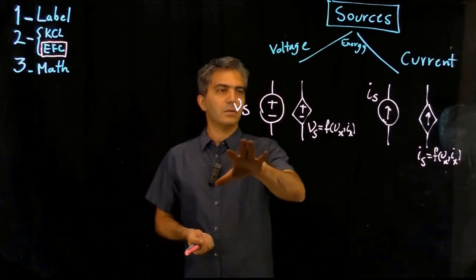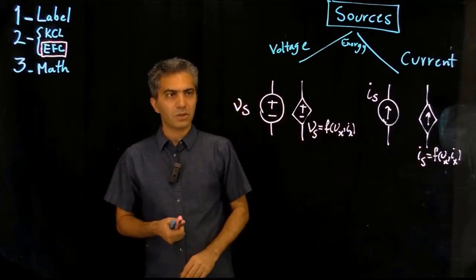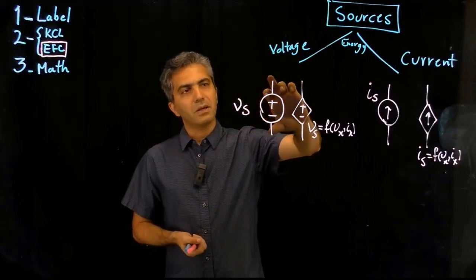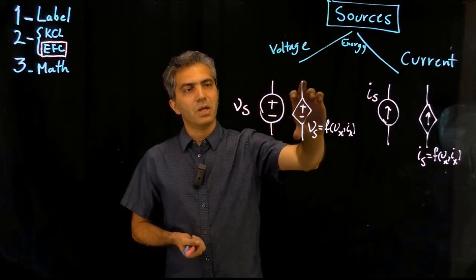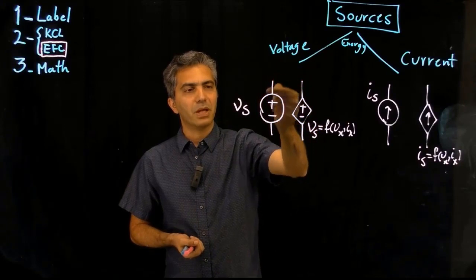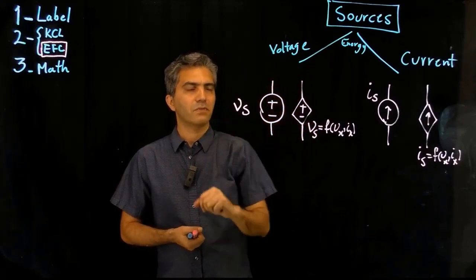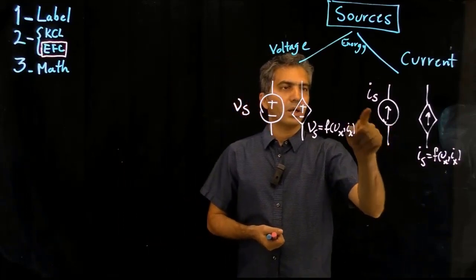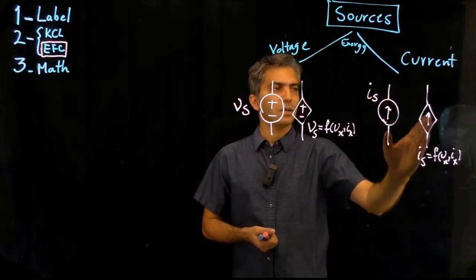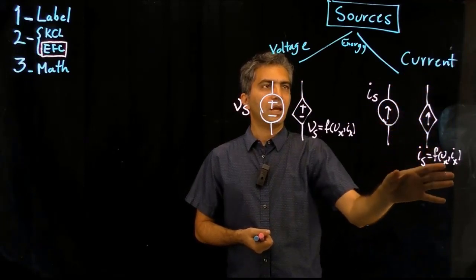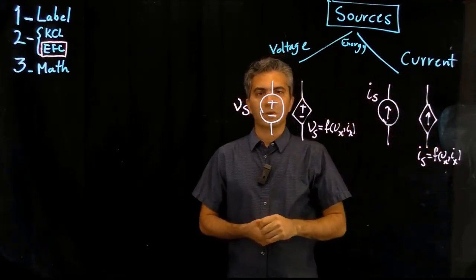And that's it. This is all we need to know about these sources. What they're doing for us is giving us a known value for the potential difference between the two terminals in the case of a voltage source, or a known current passing through the two terminals in the case of current sources.